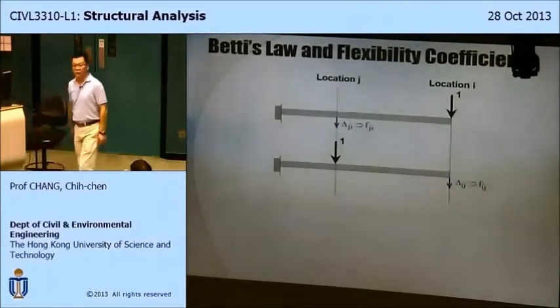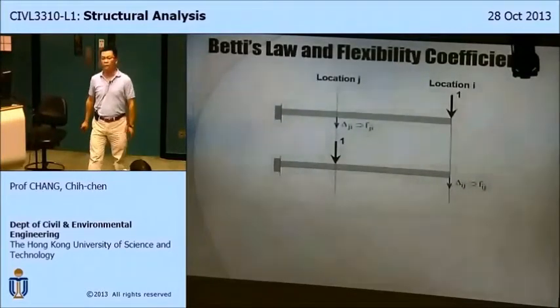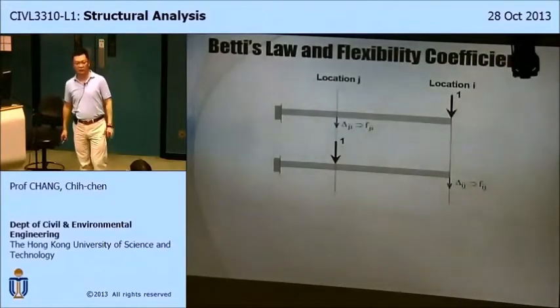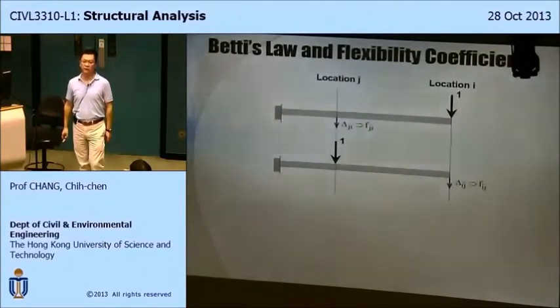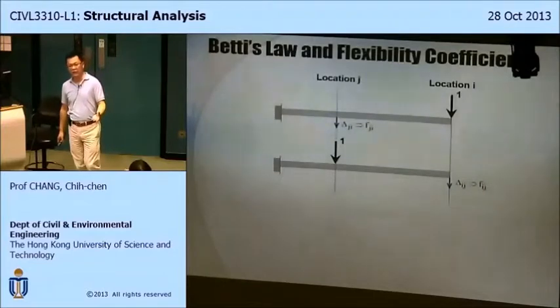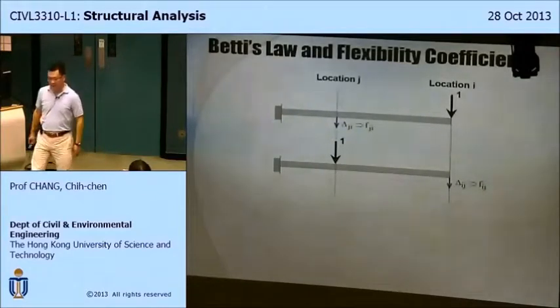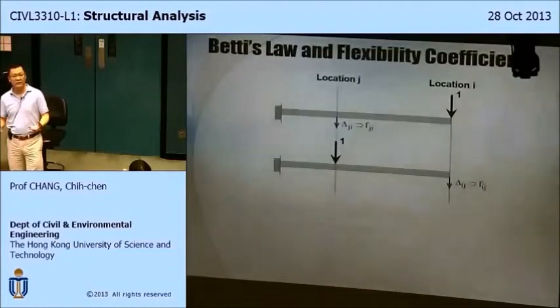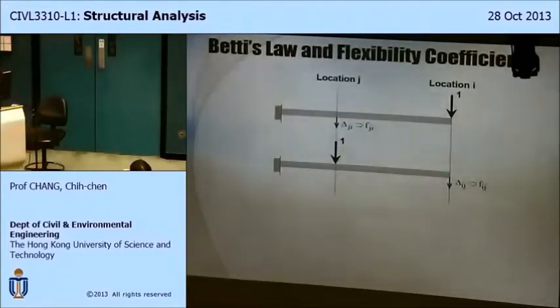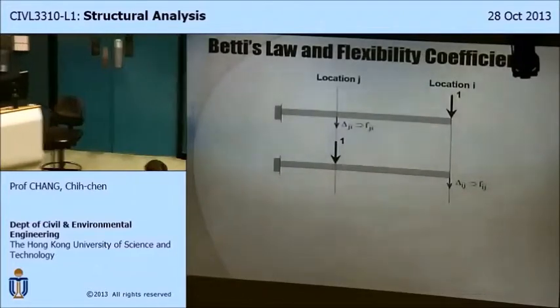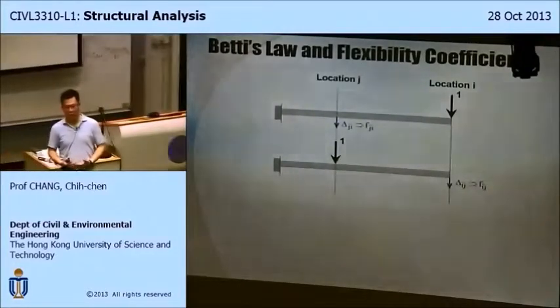So it's probably too early to say this to you, but this actually is a very important characteristic of structures. The flexibility coefficients are symmetrical. Delta ij equal to delta ji. And flexibility coefficient actually is the inverse of the so-called stiffness coefficients. So later on in your senior level course, you start to get into the so-called finite element modeling for structures.